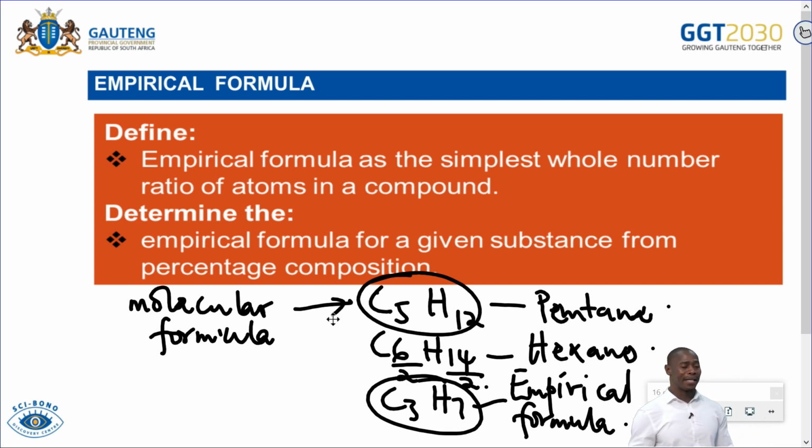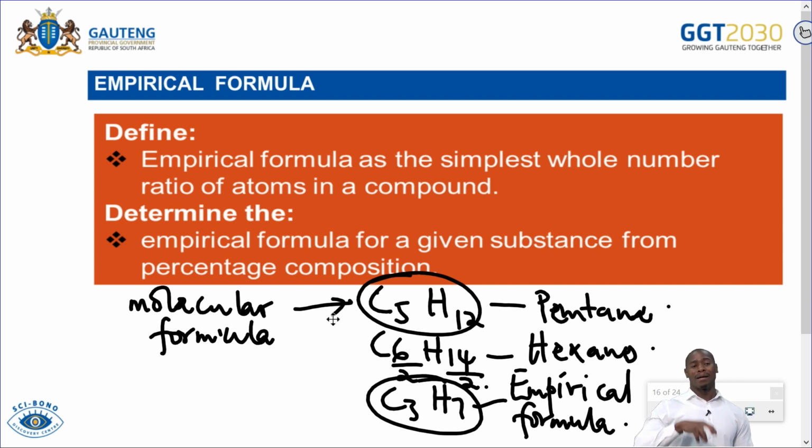But how do we determine the empirical formula given the percentage composition of each element present in that compound? All right, so this one is easy, straightforward. Given the molecular formula, we can move from molecular to empirical.